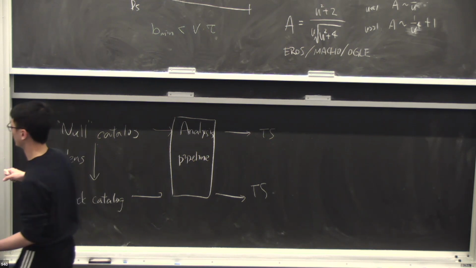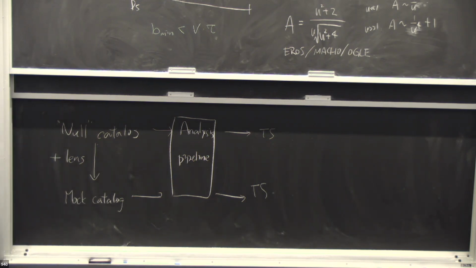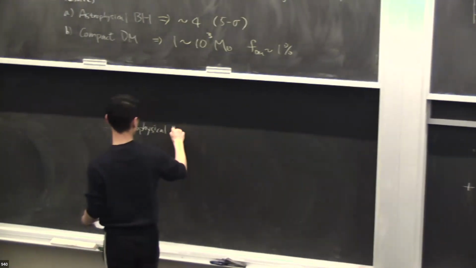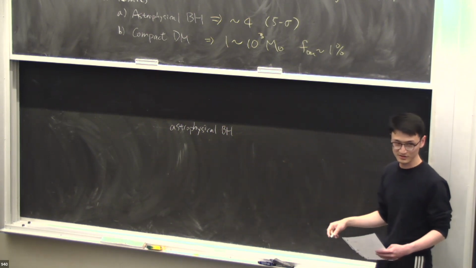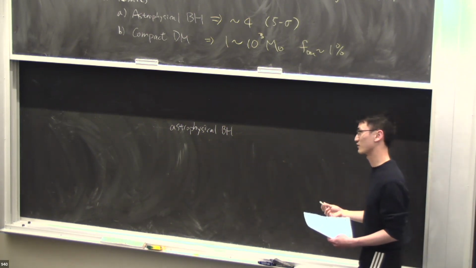So back to the result. So we said in our catalog we found 4. So the total that we inject is... there are a lot of galactic models that do simulations on how many black holes there are.